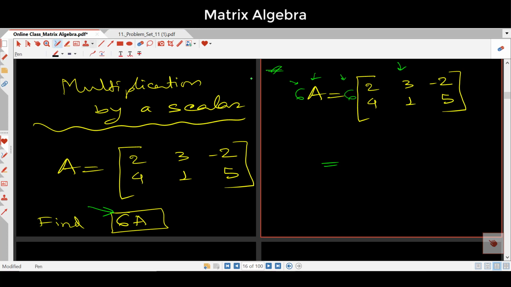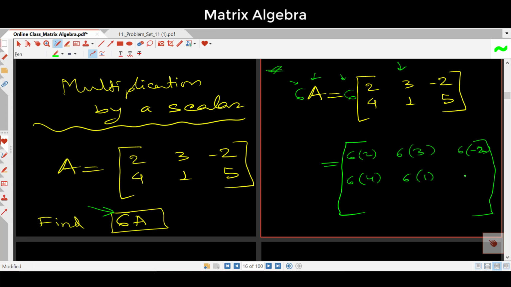So multiplication will be done this way. Here with all entries 6 will be multiplied, that is 6 times 2, 6 times 3, 6 times minus 2. Here 6 times 4, 6 times 1, 6 times 5.